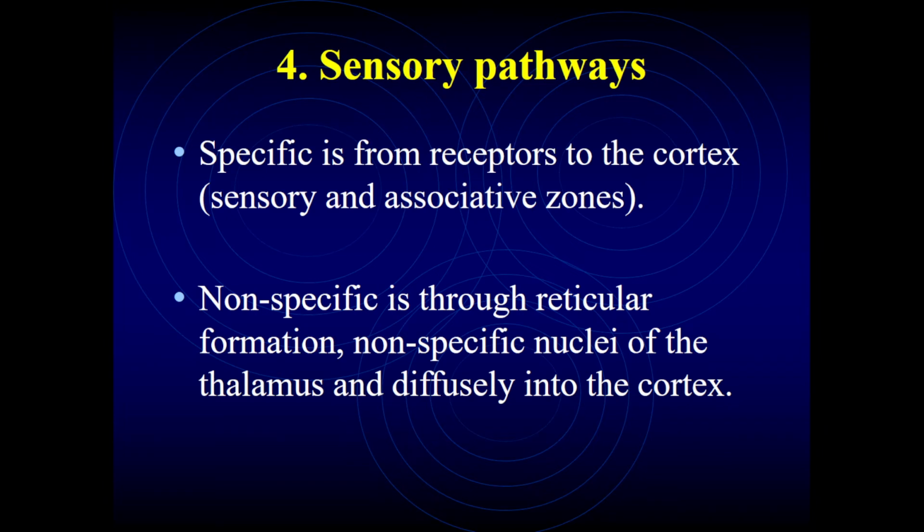Pathways begin from the sensory neuron. The next neuron is located in the posterior horns of the spinal cord or in the nuclei of the cranial nerves. From them, sensory information enters the thalamus.